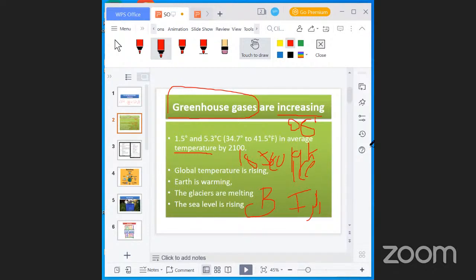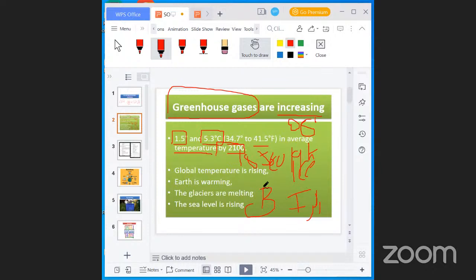So at the pace of current carbon dioxide emissions, some scientists expect an increase of how much? Between 1.5 degrees centigrade and 5.3 degrees centigrade or Celsius, that is 34.7 degrees to 41.5 degrees Fahrenheit, in average temperature by the year 2100.